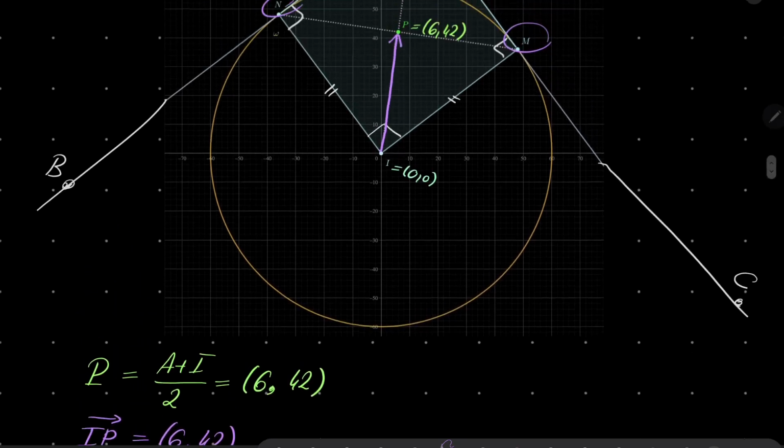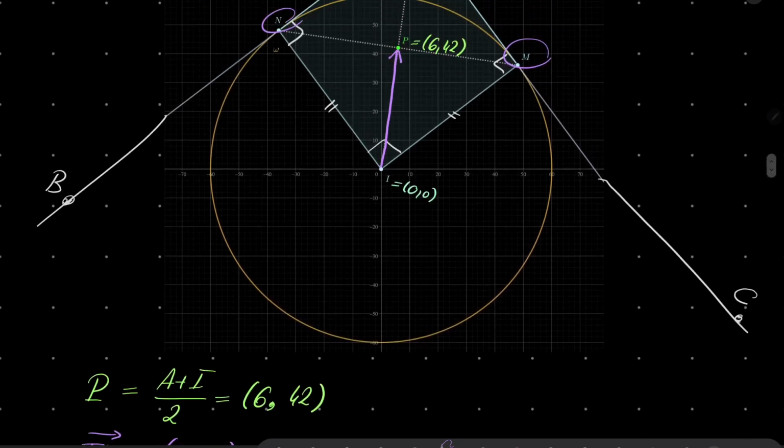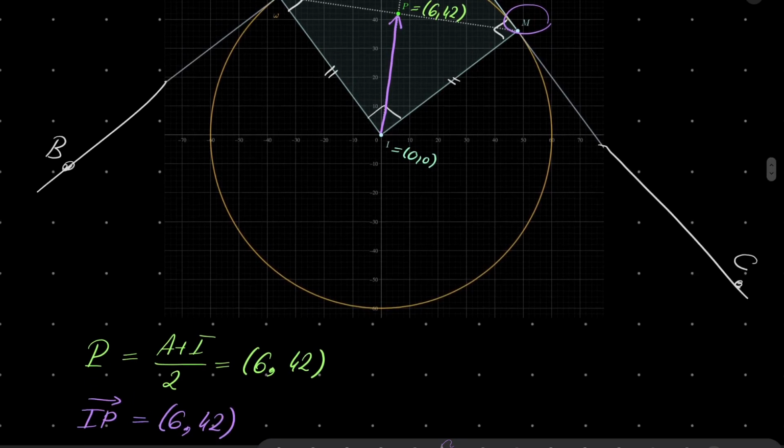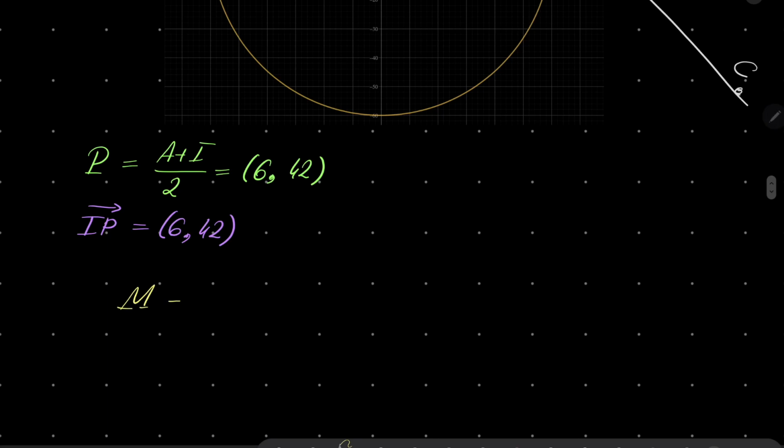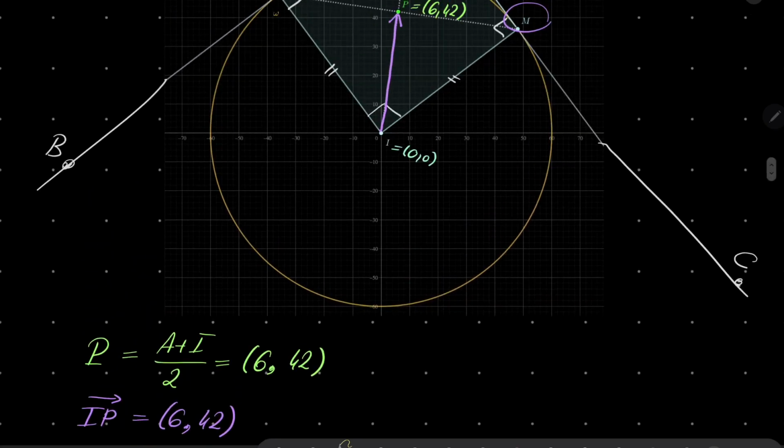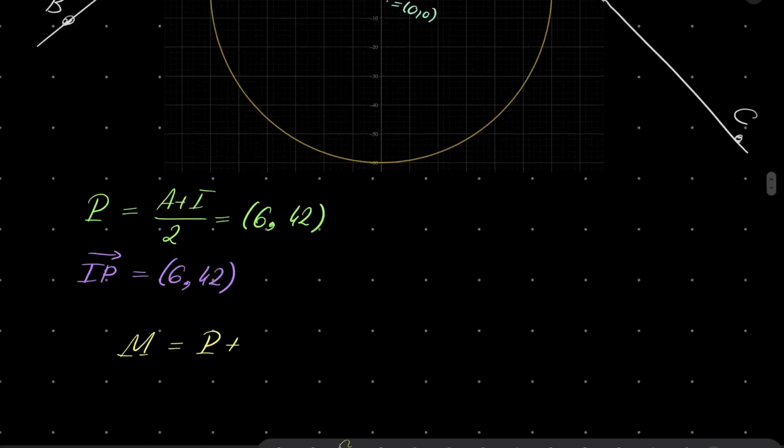All right, and now notice that we can go to point M by taking point P and traveling along the vector perpendicular to IP of the same length. And we also notice that we go to the right, so the first coordinate should be positive.